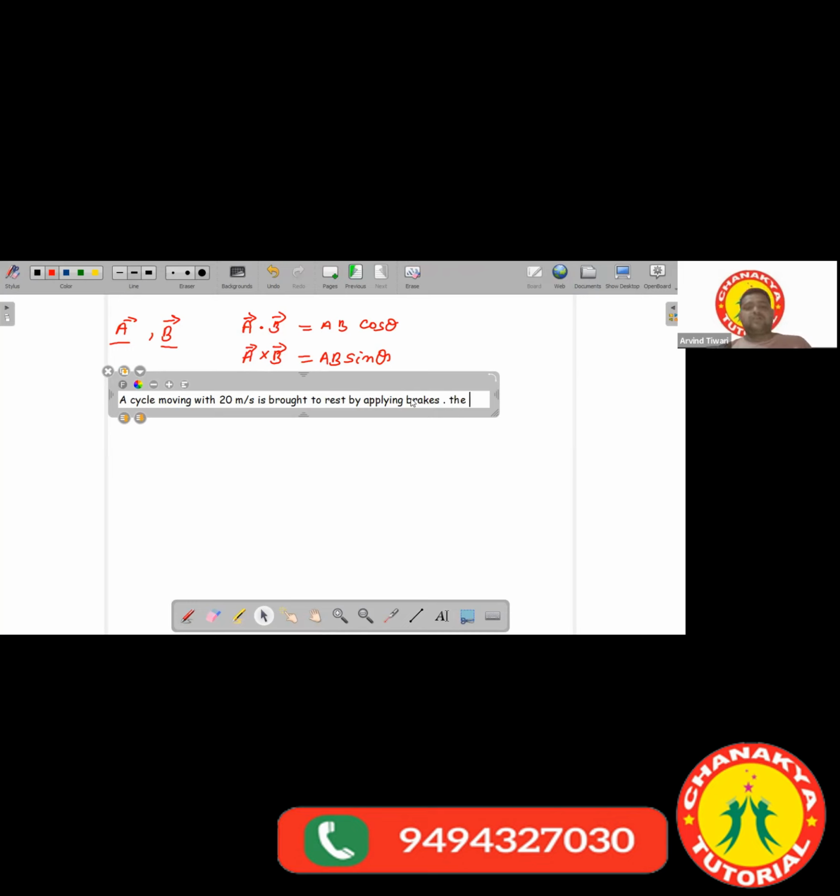The cycle stops after traveling a distance of 5 meters.